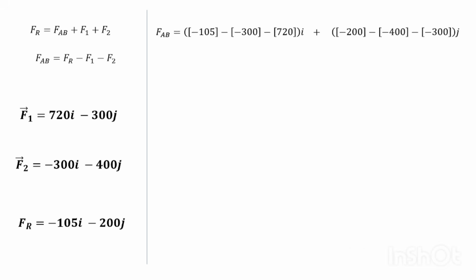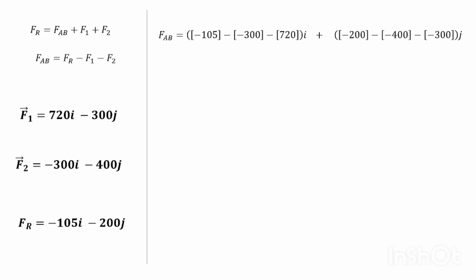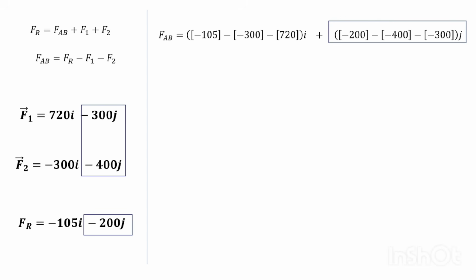So basically, one can easily find FAB by using our FR components to subtract F2 and then subtract F1. And that will give us our i components. So you do the same for the y components. You use the value of FR to subtract both the F1 and F2 y components, and you get the y component of FAB.